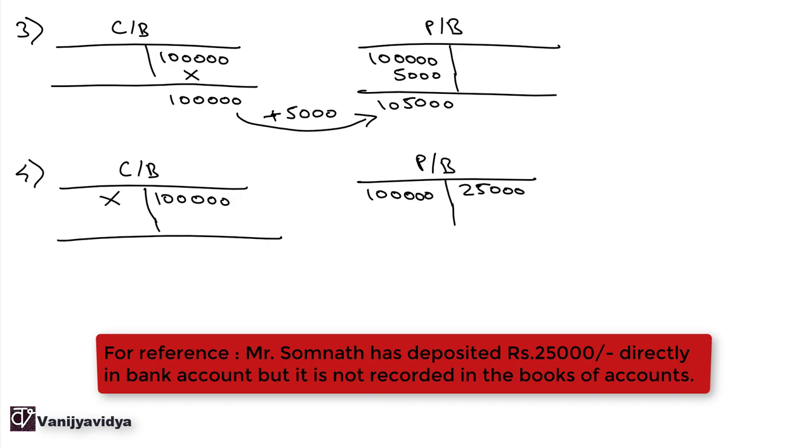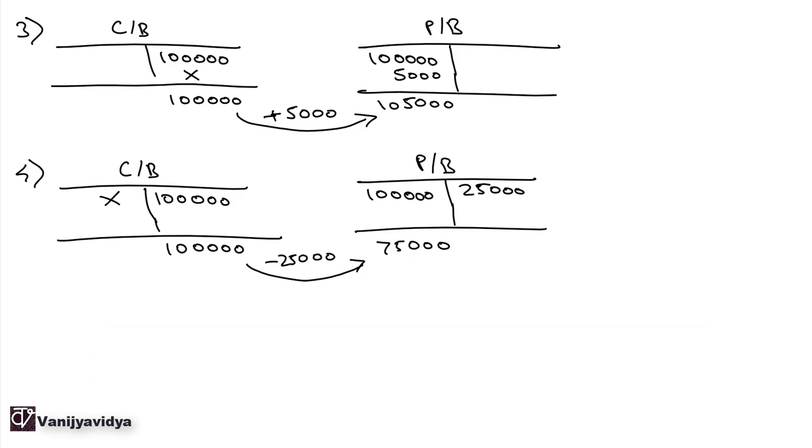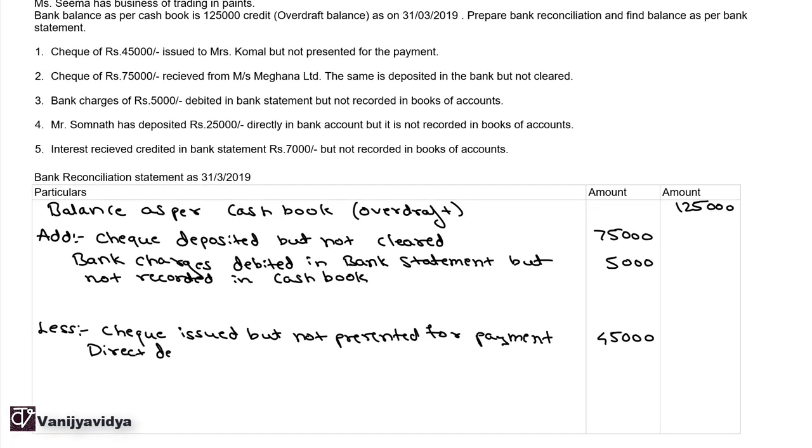So balance as per cash book is 1 lakh. Balance as per passbook is 75,000. We are moving from cash book to passbook, so we have to reduce 25,000 in the bank reconciliation statement. Let's do this. Less direct deposit in bank account not recorded in the cash book, 25,000.